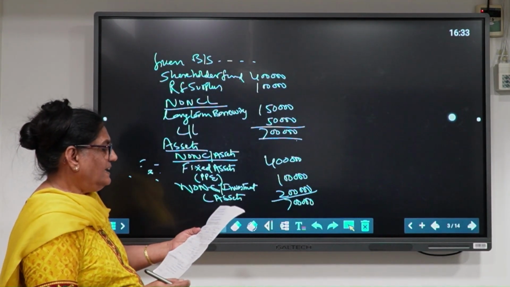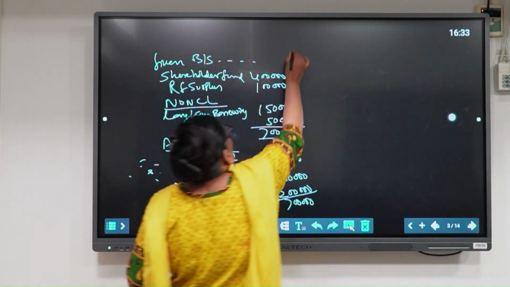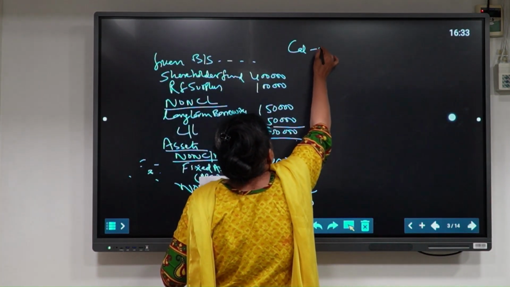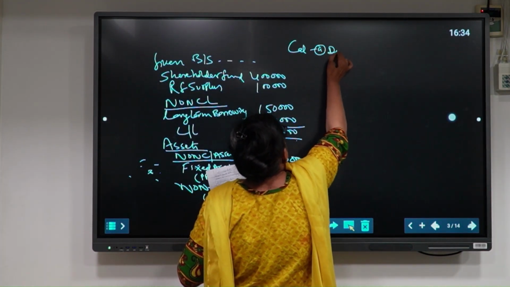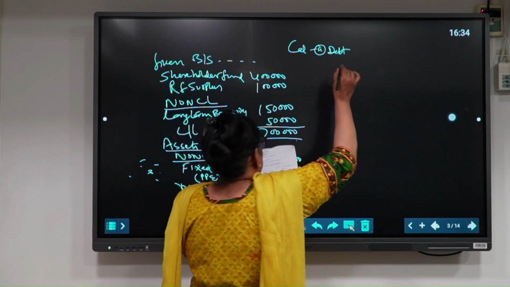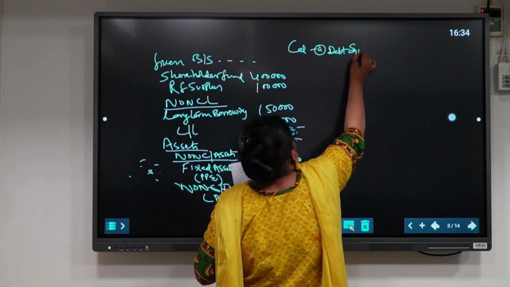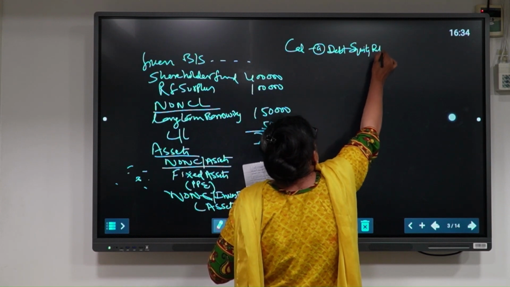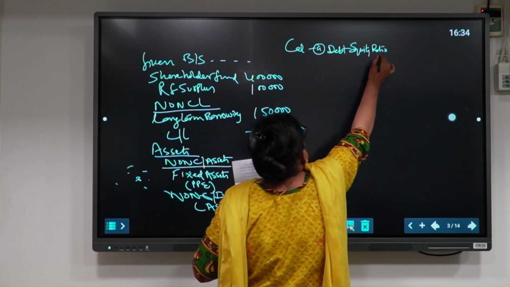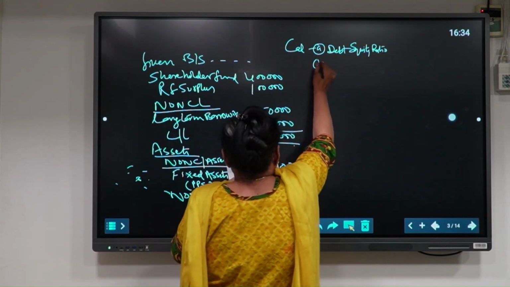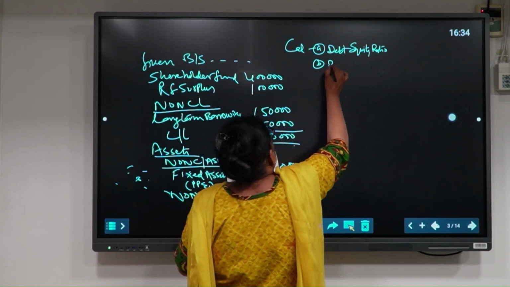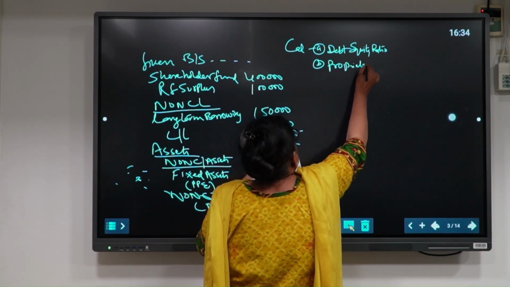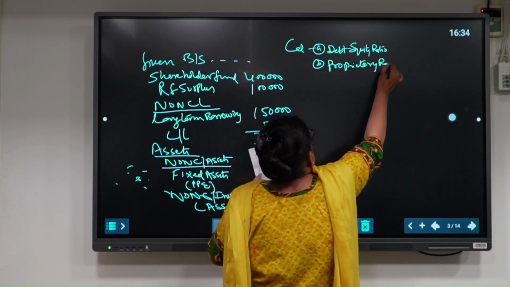Now they are telling us to calculate, one is the debt equity ratio. These are all solvency ratios. B, proprietor's ratio.